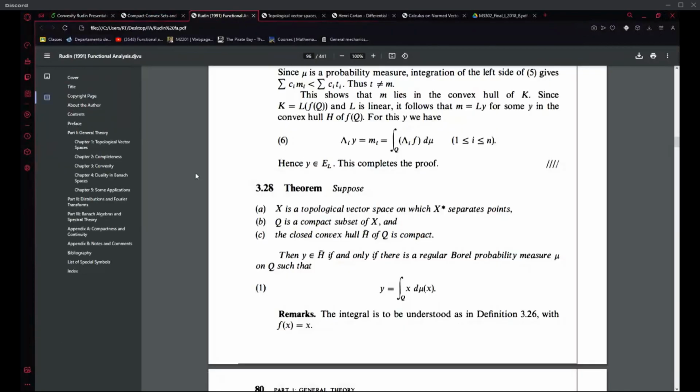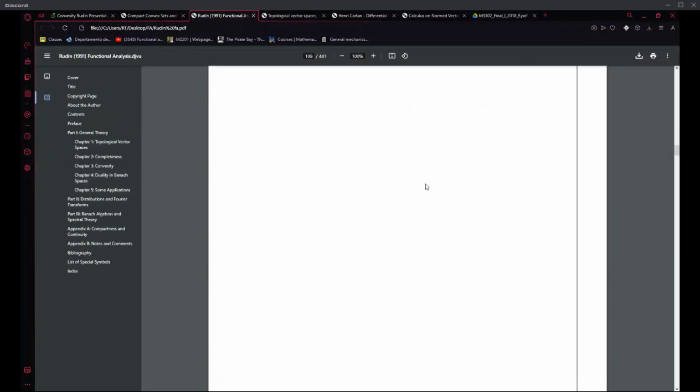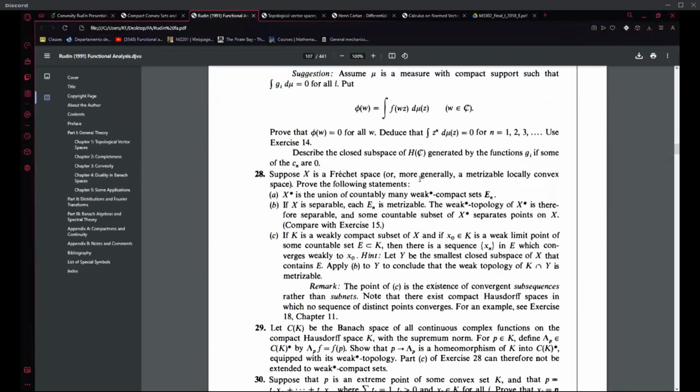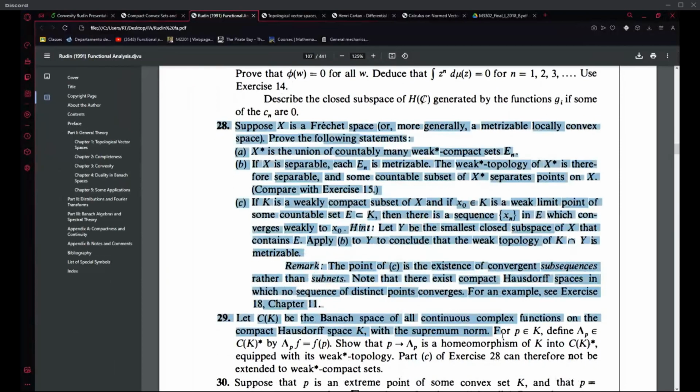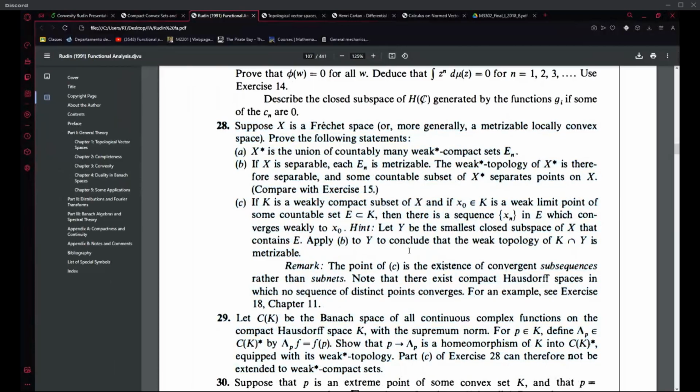Okay, so for this week, in case you haven't solved them, I would highly recommend these two exercises. These two actually have a name. I forgot the name of the theorem, but in certain spaces that are not metrizable, we can't really relate compactness with sequences as we normally would, because sequences don't describe the space entirely as in metric spaces.